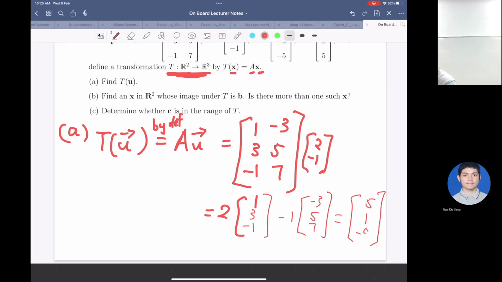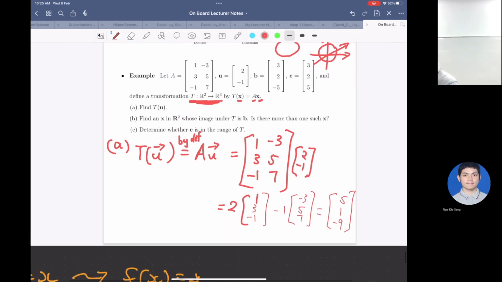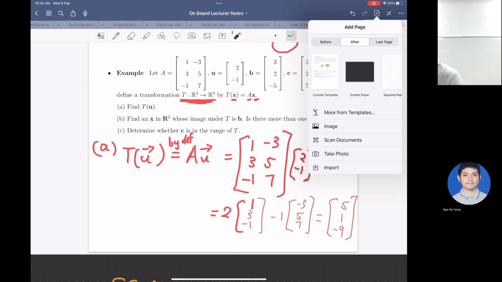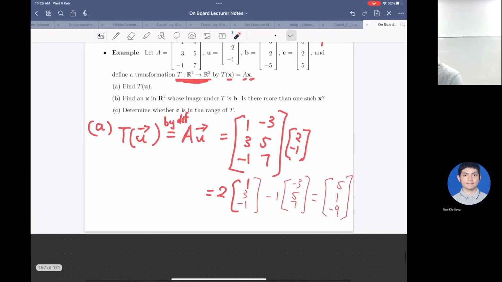Luckily, you're awake. So you send this vector to another vector in R3. This is only what you do on one vector. And the next question is: find an x in R2 whose image under T is b.